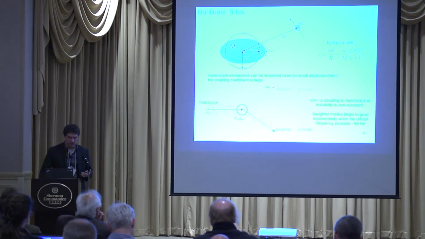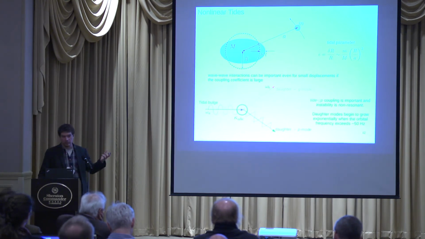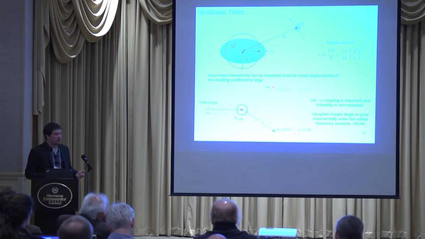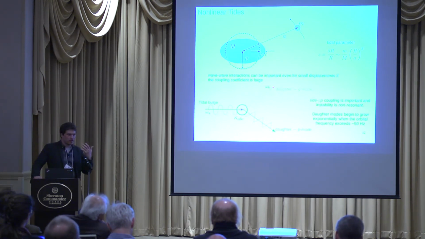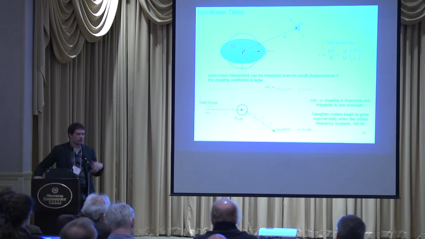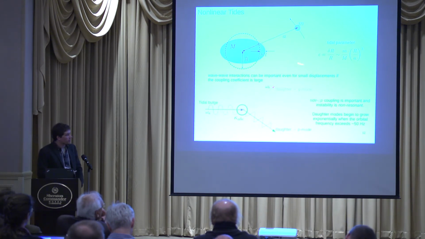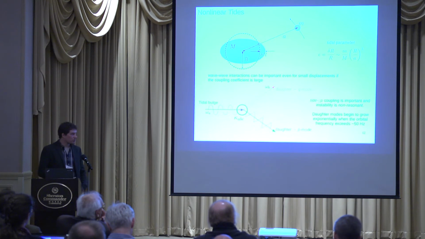The basic idea is you have some sort of perturbing body that's raising a tidal bulge. You can parameterize that with some epsilon parameter, this small number here. And the canonical statement that everyone says is, well, epsilon is small, therefore linear theory is appropriate. Well, that's not quite true. What measures the smallness of the perturbation is really this epsilon, which goes like the amplitude of the modes that you raise, times the nonlinear couplings between those modes.